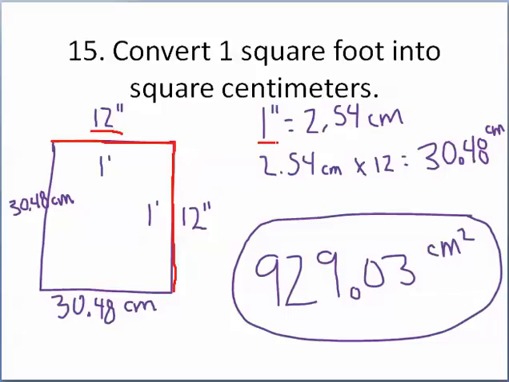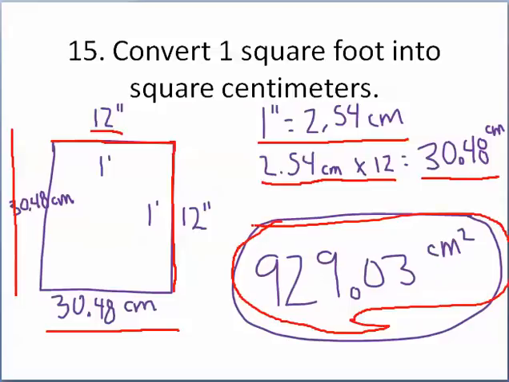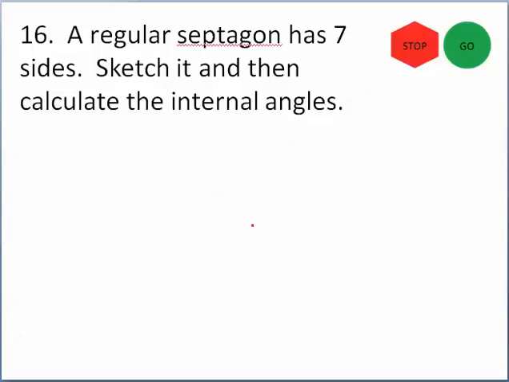And since 1 inch is defined by the United States Congress as 2.54 centimeters, that means I multiply 2.54 centimeters times 12, and 12 inches and 1 foot are also 30.48 centimeters. 30.48 centimeters times 30.48 centimeters gives me exactly 929.03 centimeters squared for exactly the number of centimeters, square centimeters, in 1 square foot. Okay, click on the stop sign, give it a whirl, and see how you do.